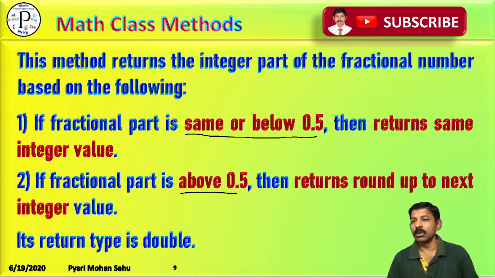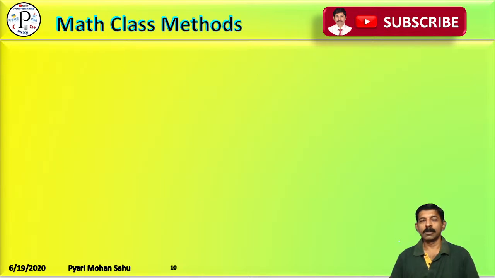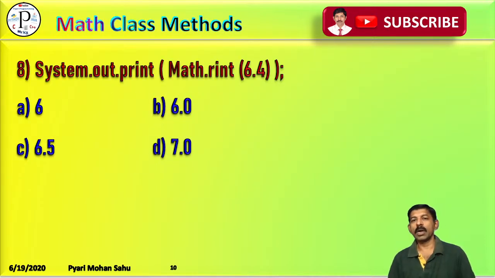Yes, RINT is the only possible one. Math.RINT 6.4, rounded integer. We got answer B, 6.0.